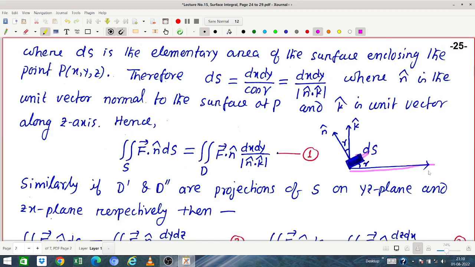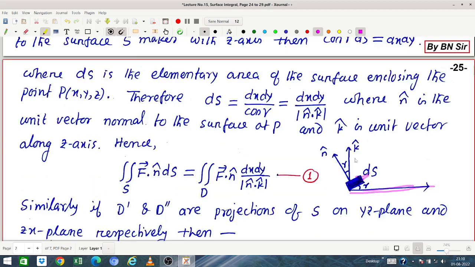This is the xy plane, this is the x axis. So the angle between n cap and k cap is gamma, means this small surface element is inclined at an angle gamma with the xy plane. So the projection or shadow of this dS on the xy plane is cos gamma dS.